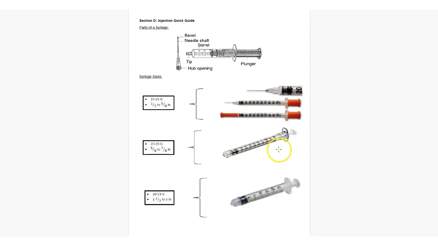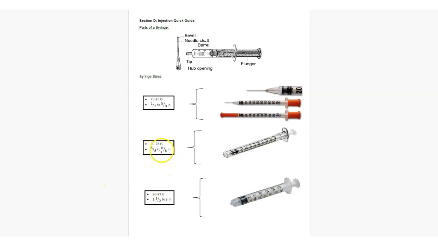Then this would be your 1 ml injection. So you may need to use this for maybe sub-Q or IM. Typically, you use this for sub-Q. Usually for IM, we give a little bit higher volume of medication, but again, it depends on the medication. But this is what you commonly would see.